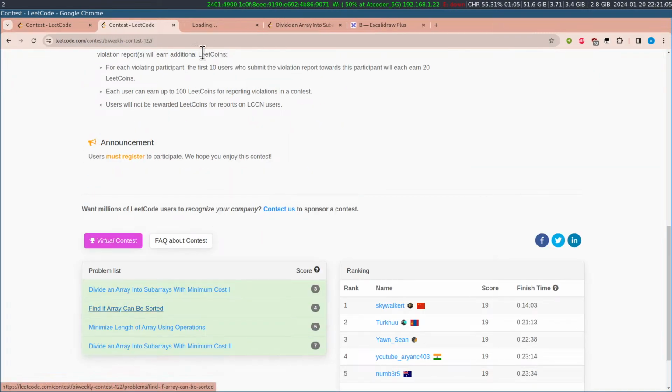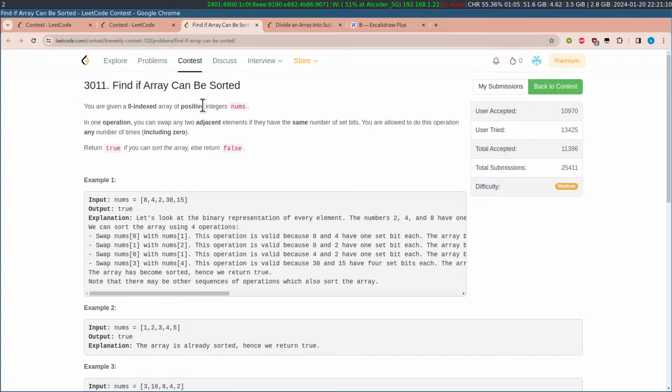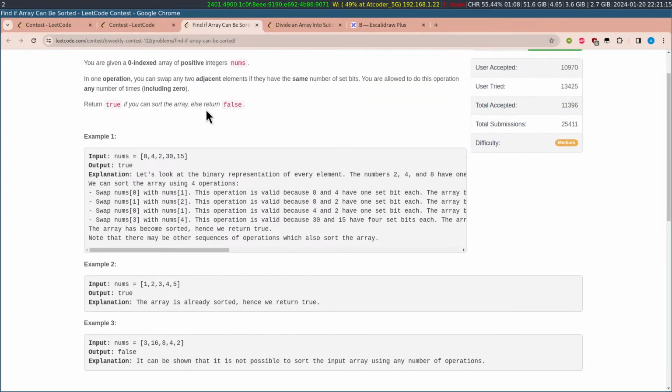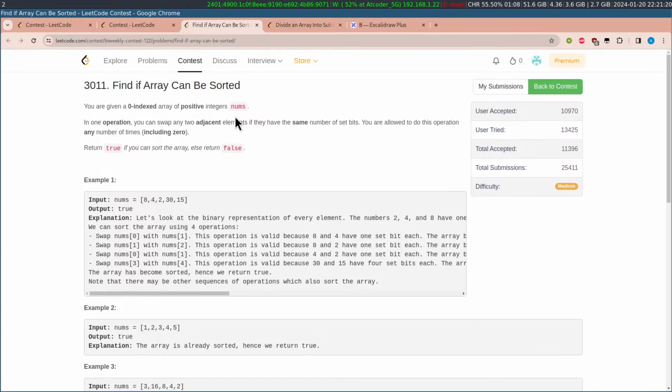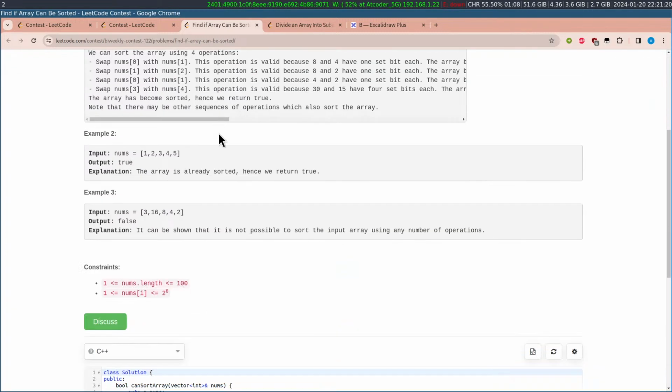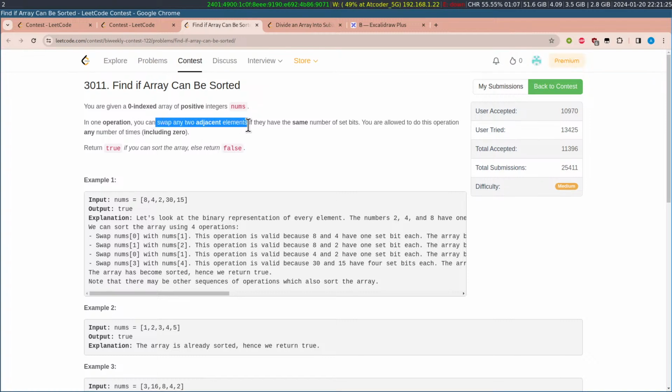It's possible to do it in order n because the minimum time complexity required to sort an array is n log n. And now for swapping, you have one additional condition over here. Apart from swap and everything, to make an array sorted, you have the additional condition that the set bits should also be equal.